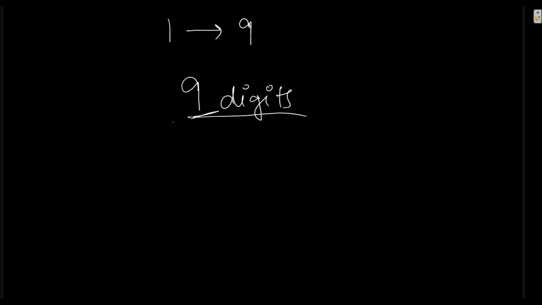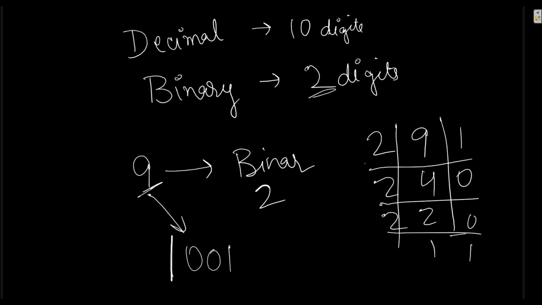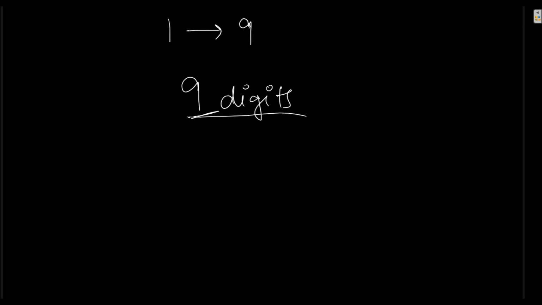Let us understand this with respect to binary, as I took the remainder for 2. I'll do the same thing here. Let's take a general number, say 58, and take the remainder by 9.